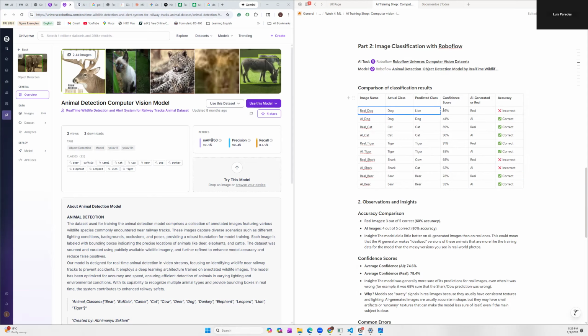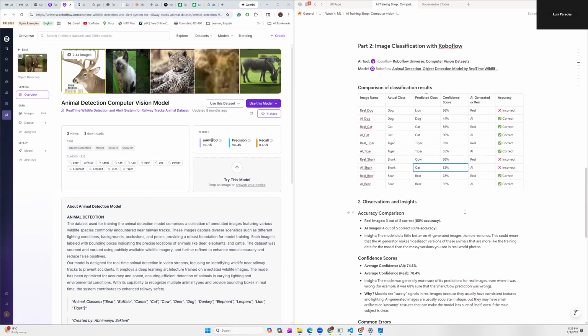In this case, the real dog was identified as a lion with 66% confidence. Another picture was the shark, which was recognized as a cod with 68% confidence, and the AI shark with 62% confidence was recognized as a cat.